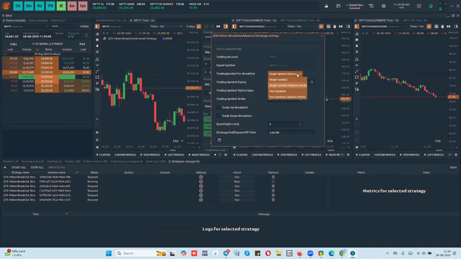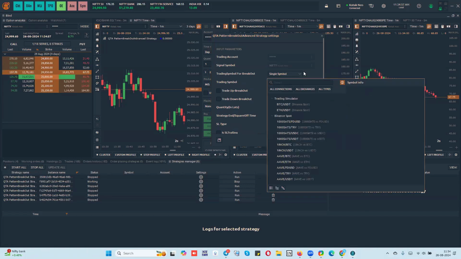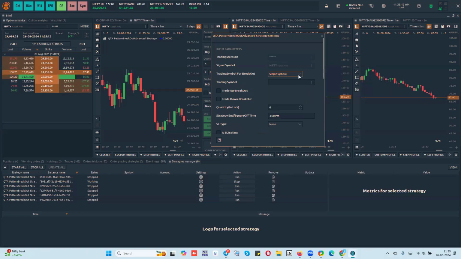Single symbol means you select a particular symbol, but the trading symbol will be different. Suppose you want to use Nifty spot or Nifty futures as a base and execute a trade in an option symbol, or in any stocks or future symbols, you can do that. So this option was related to that.